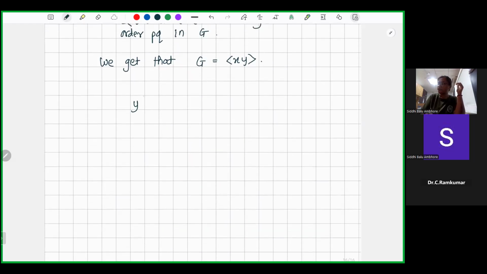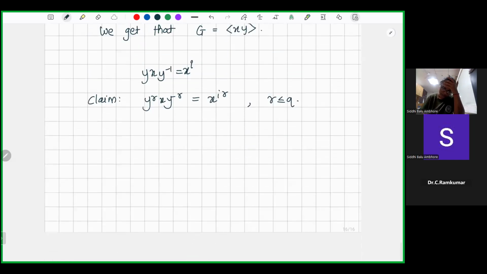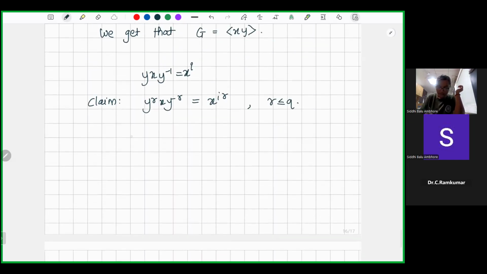We have y x y inverse equal to x power i, and we claim that y power r x y power minus r is equal to x power i r, where r is less than or equal to q. How is this the case? Let us check.